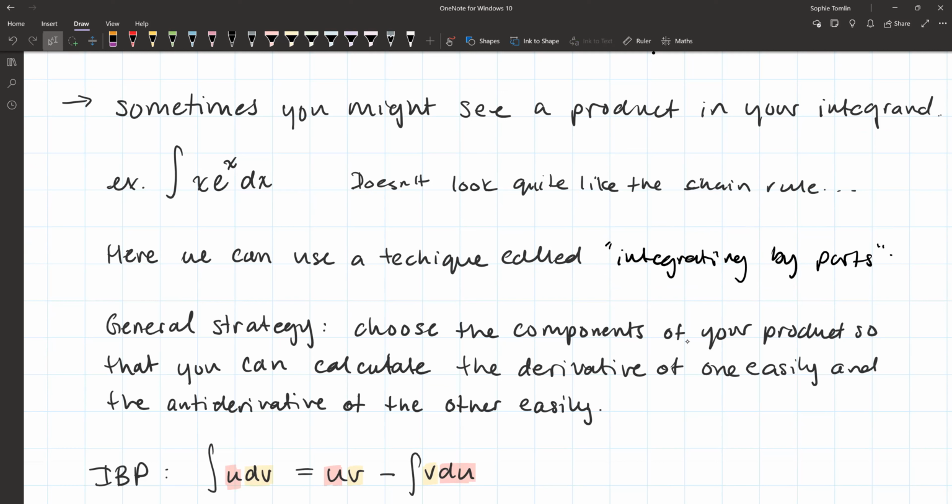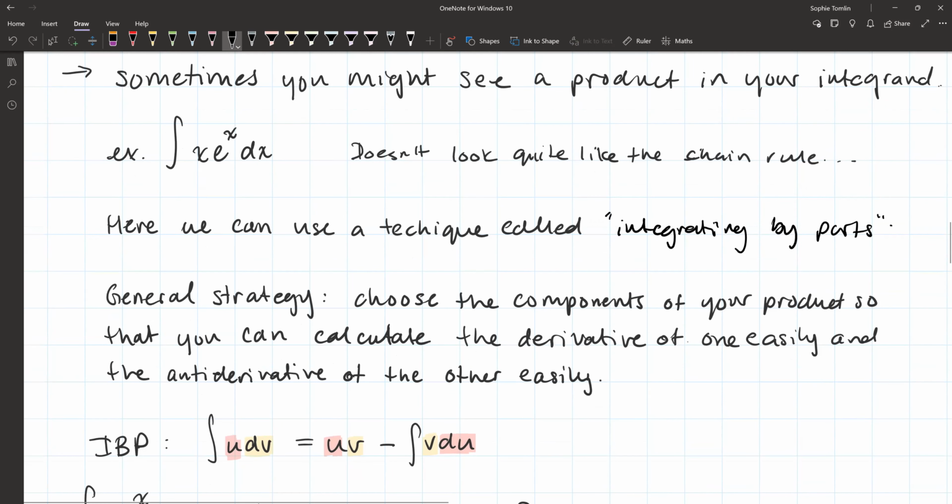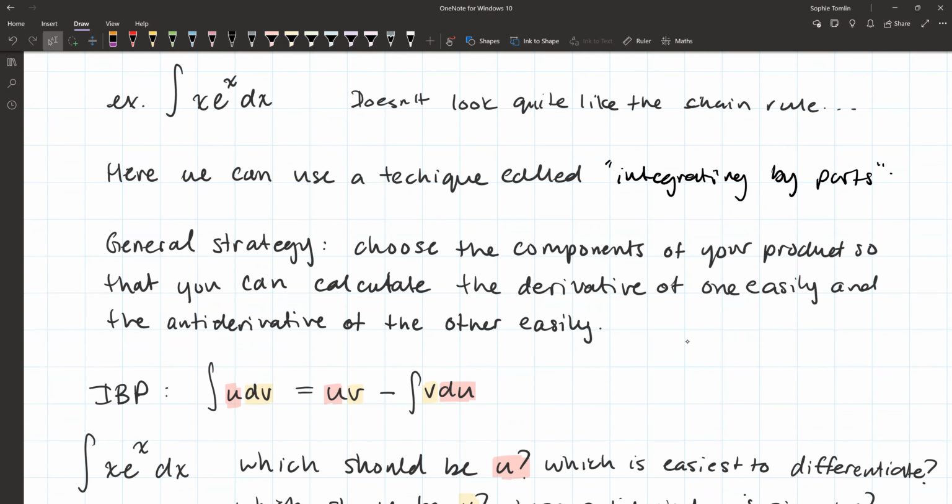And so our general strategy when it comes to integrating by parts is to choose the components of your product in your integrand so that you can calculate the derivative of one easily and the antiderivative of the other part easily. So a little bit more specifically, for integration by parts, we have the integral of u dv is equal to u times v minus the integral of v du.